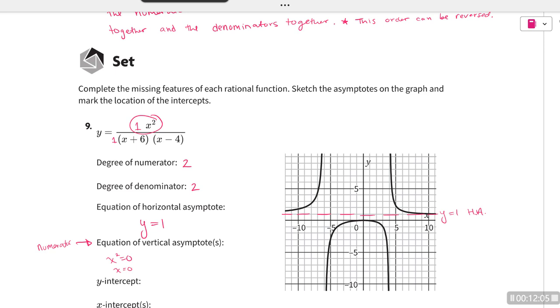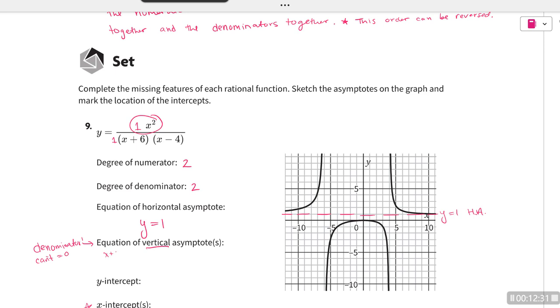Ignore everything I just said. I started doing the x-intercepts for some reason. Vertical asymptotes come from the denominator. So the denominator can't equal 0.